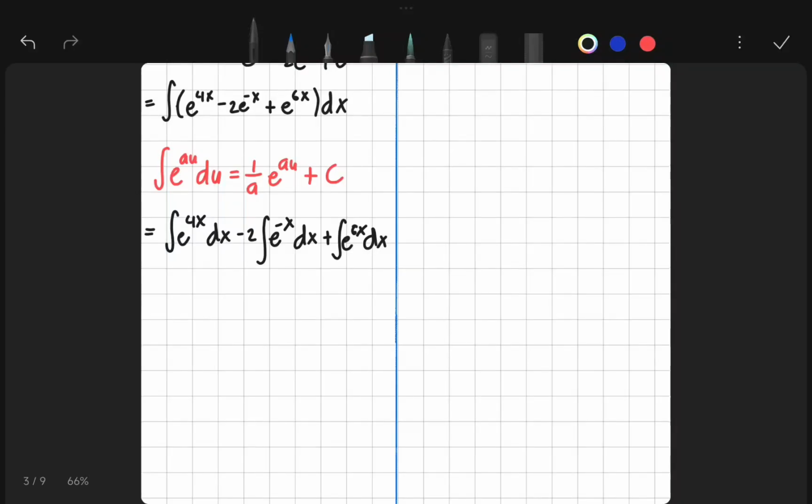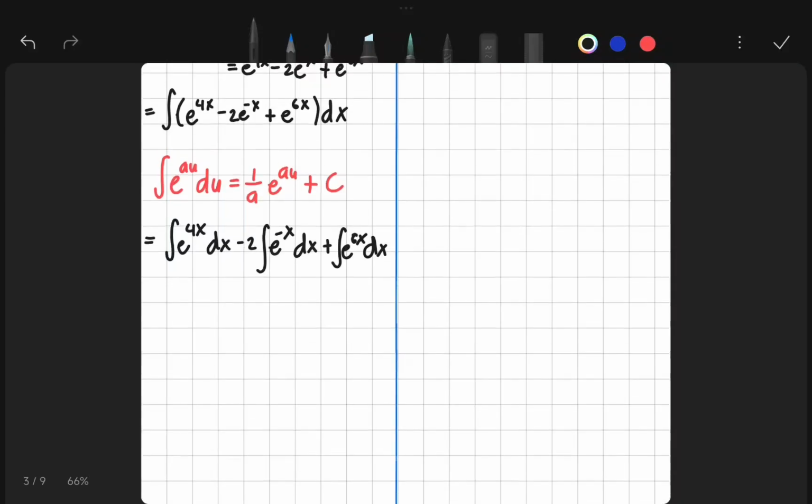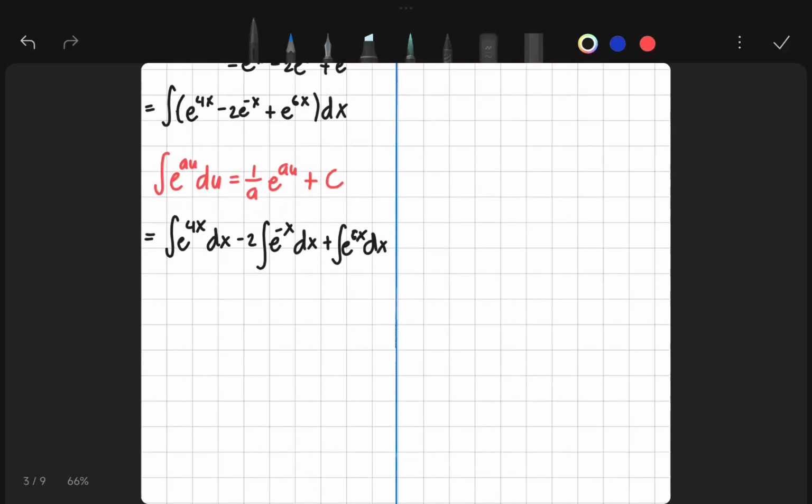For the integral of e raised to 4x, our constant is 4, so just take the reciprocal, which is equal to 1/4, and copy the term e raised to 4x. Minus 2. For this one, since our constant is negative 1, the reciprocal of negative 1 is still negative 1.